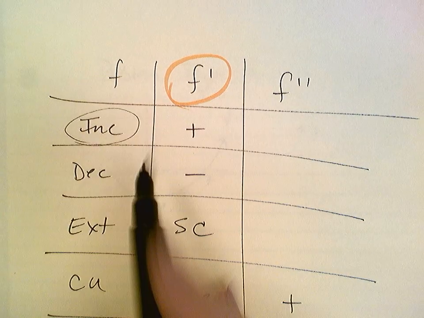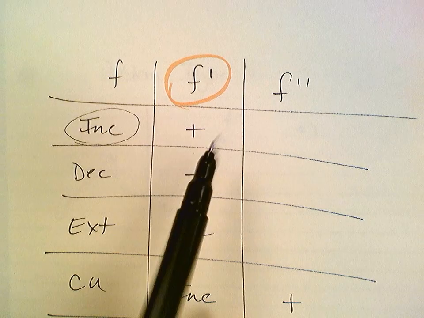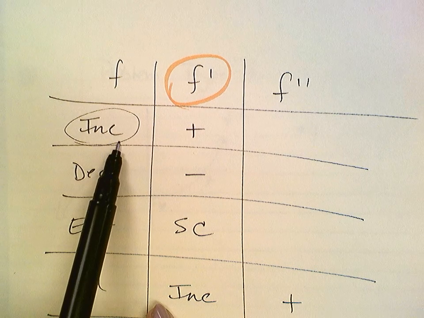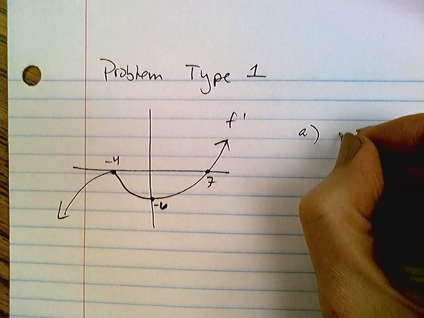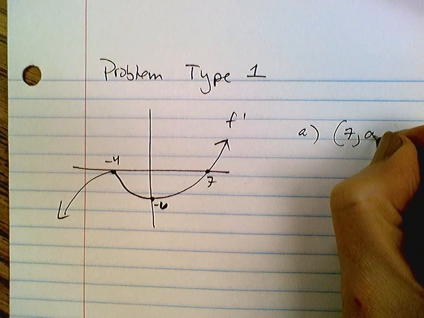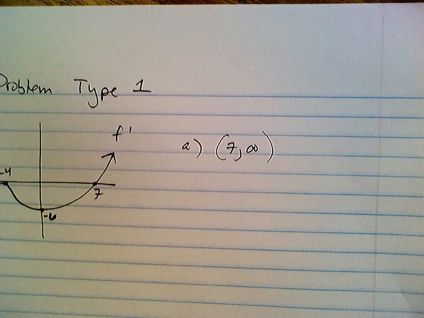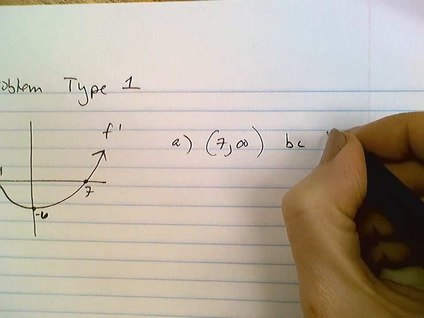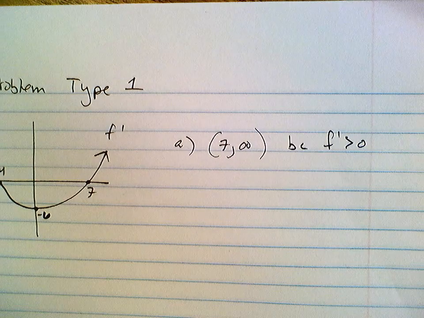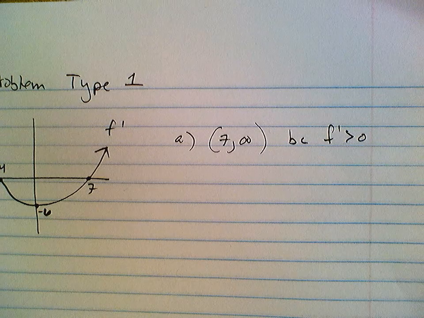I'm looking for where f prime is positive, that's going to give me where f is increasing. So f prime is positive on this interval, and then for the reason, because f prime is greater than 0.